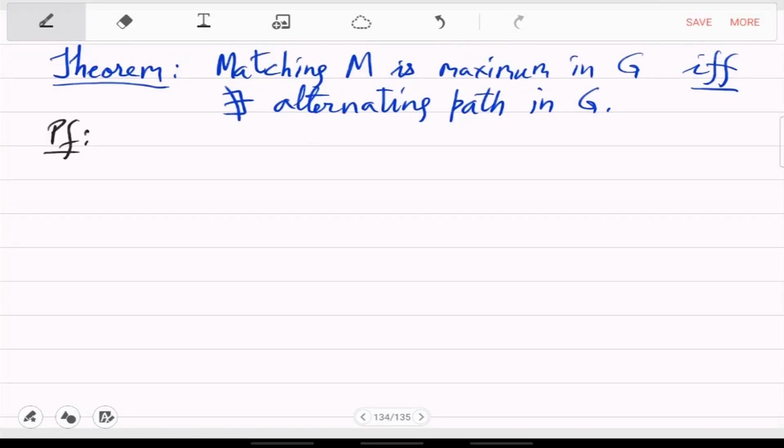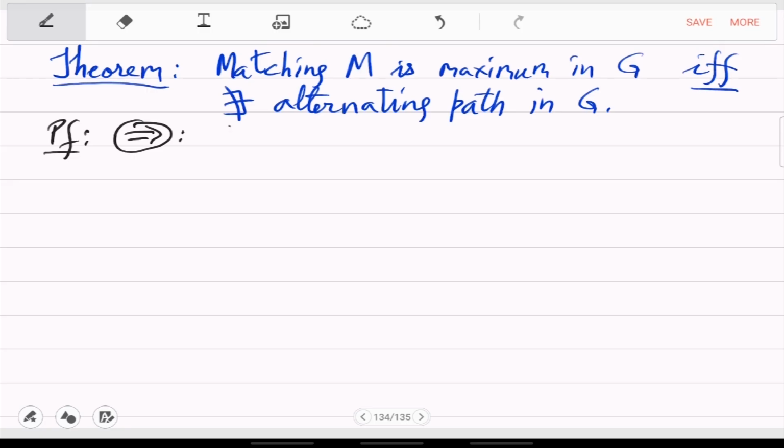So how do you prove this? Is there an easy side? What about the forward direction? Can you prove this? Maximum means that no alternating path. Yeah, you prove the contrapositive.